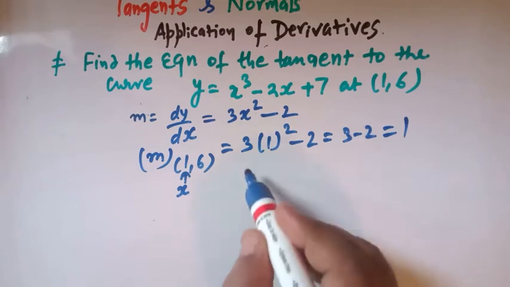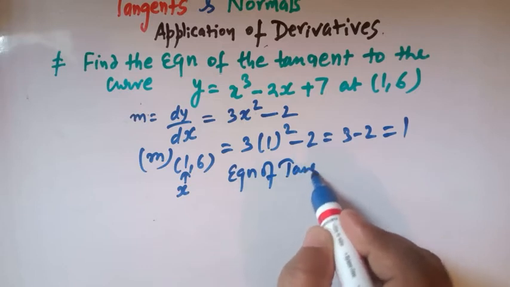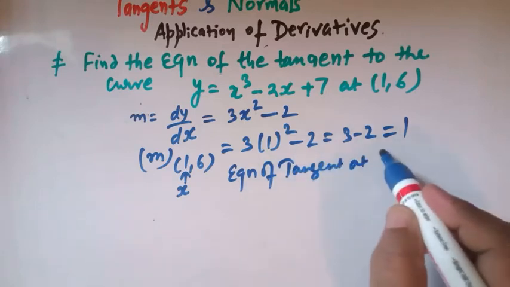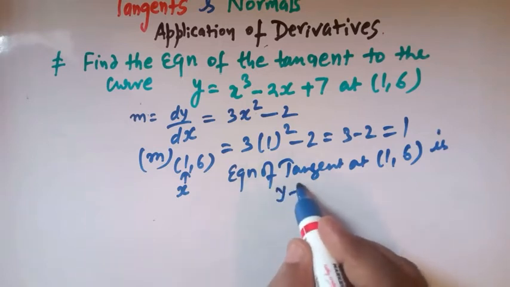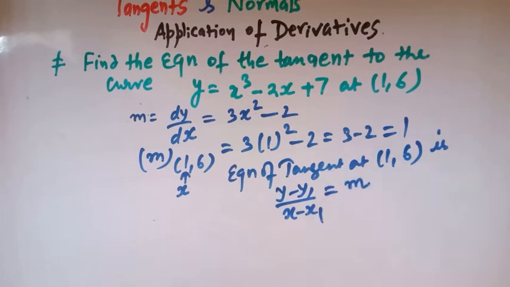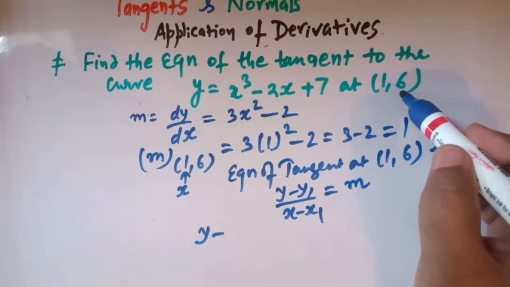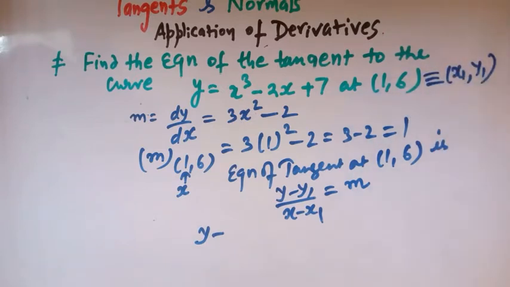Clear? Now the equation of tangent at (1, 6) is given by y minus y1 over x minus x1 is equal to m. So we will substitute the values. This is x1, y1. Clear?